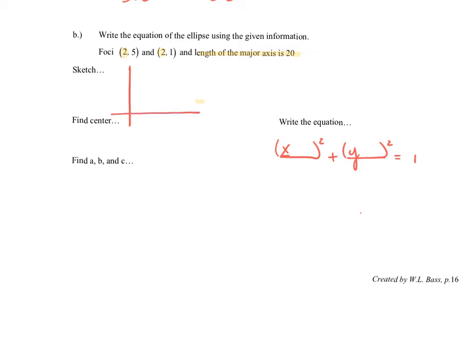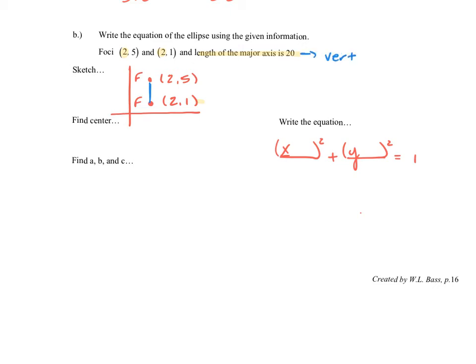Since the x coordinates are staying the same, I'm going to go over 2 and up 5. So I'm going to label this as (2, 5). And I'm going to go over 2 and up 1. So this is the point (2, 1). Remember, it doesn't have to be to scale, but what we want to know is that this is a focus and this is a focus, which means that since these are oriented vertically, this major axis is also vertical.